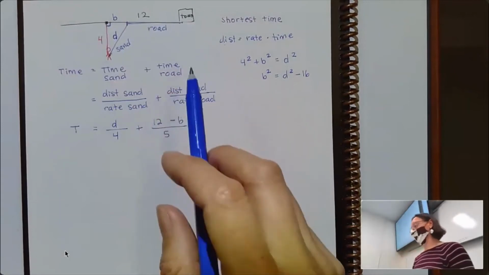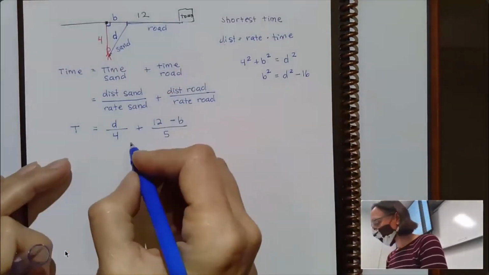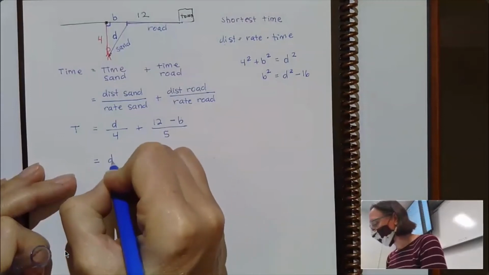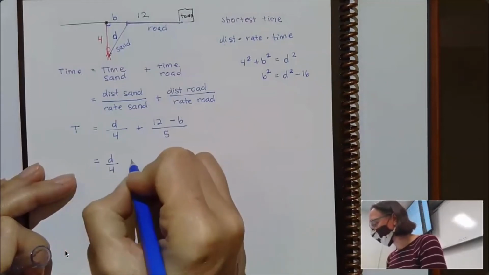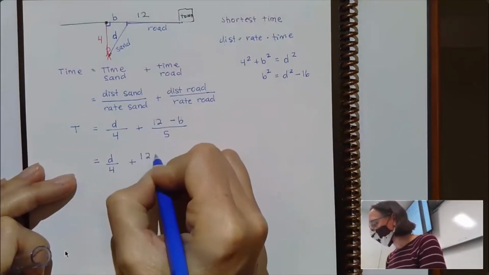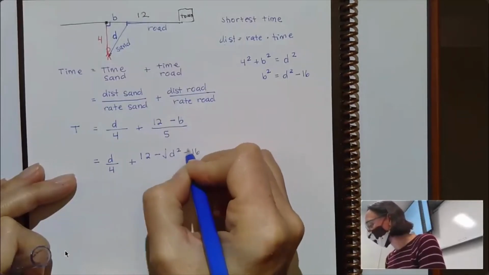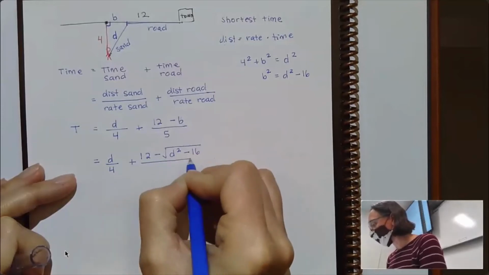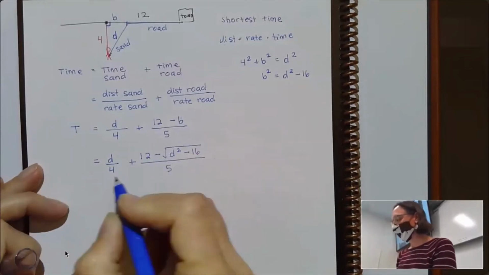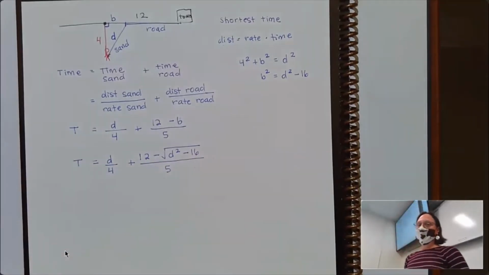So we're only going to take that positive value of b here, which means my time is going to look like d divided by 4 plus 12 minus the square root of d squared minus 16, whole thing over 5. Good times.